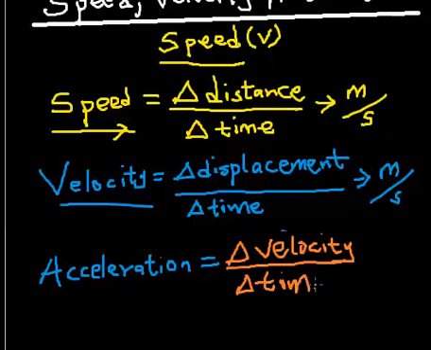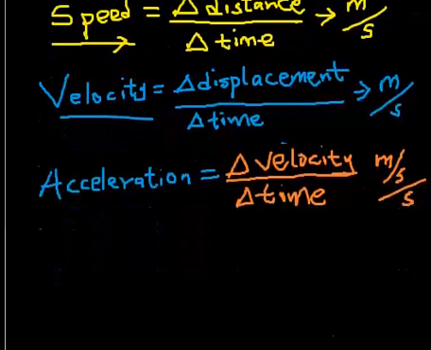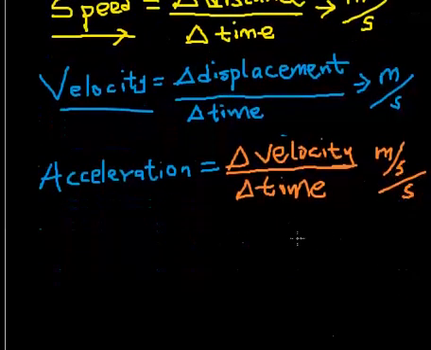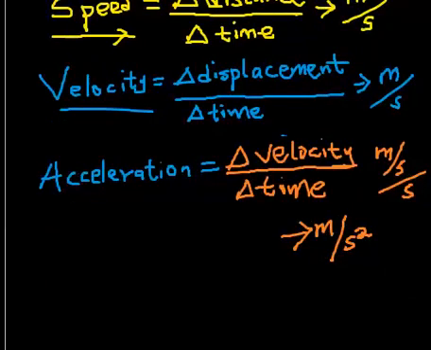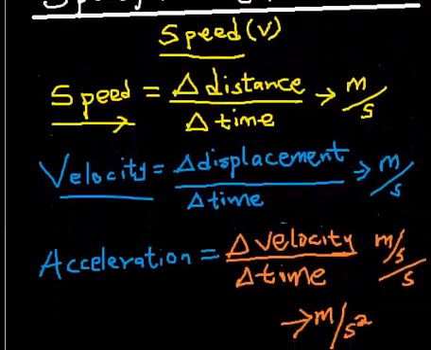We already know that velocity is measured in meters per second, then divided by time, another second. So the SI unit of acceleration is meter per second square. Please take note of that.